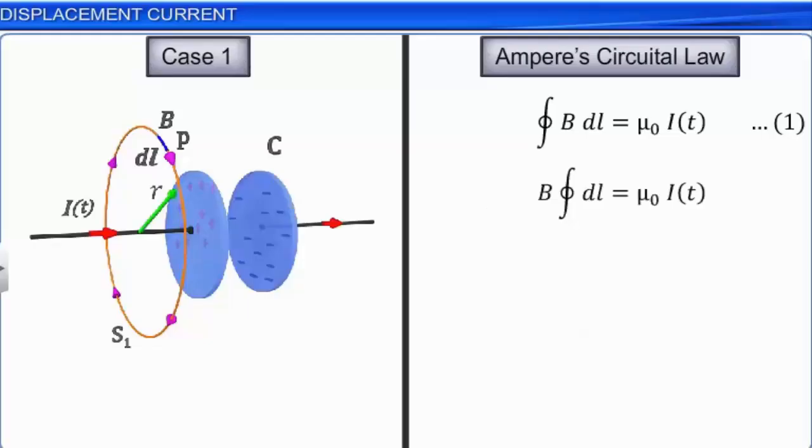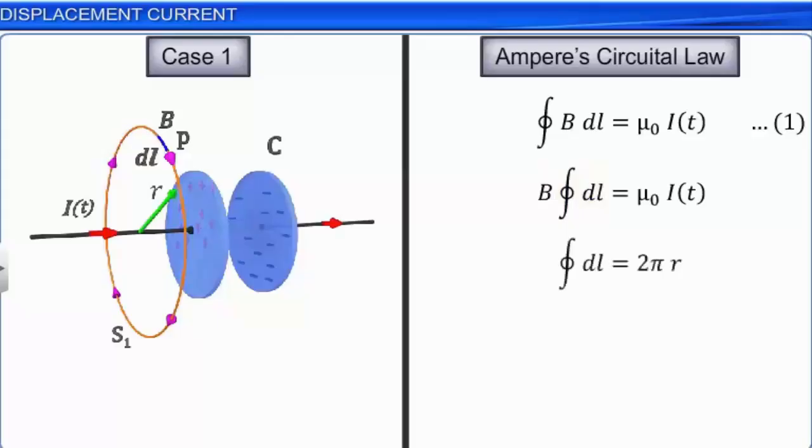Here, the integral over the closed loop of dl is the total length of the circular loop, that is, the circumference of the circular loop. Thus, the integral over the closed loop of dl is equal to 2 pi r. Let this be equation 2.